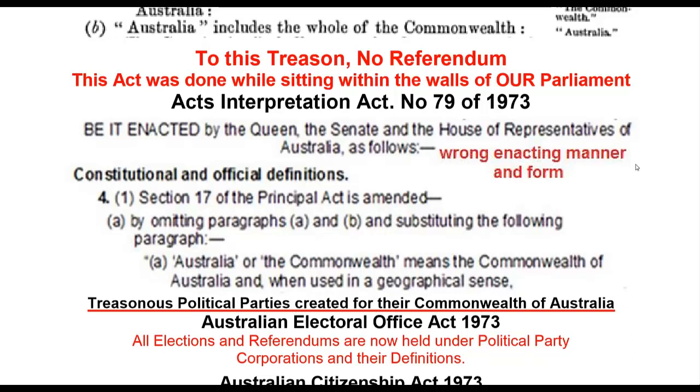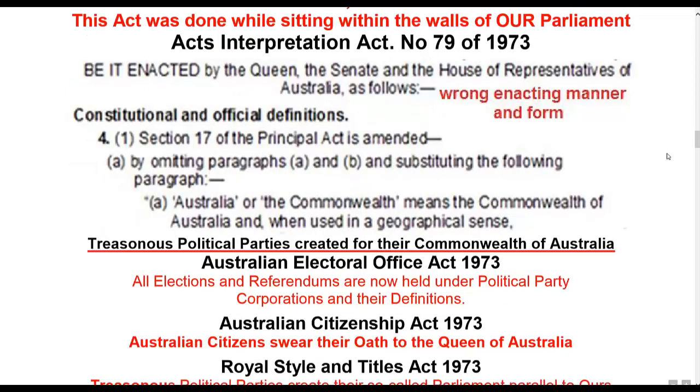Section 17 of the Principal Act is amended. A. By omitting paragraphs A and B and substituting the following paragraph. A. Australia or the Commonwealth means the Commonwealth of Australia and when used in a geographical sense. Treasonous political parties created their Commonwealth of Australia.